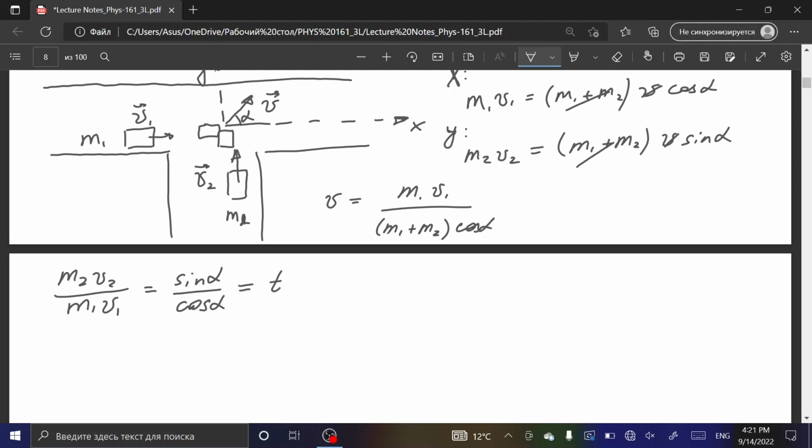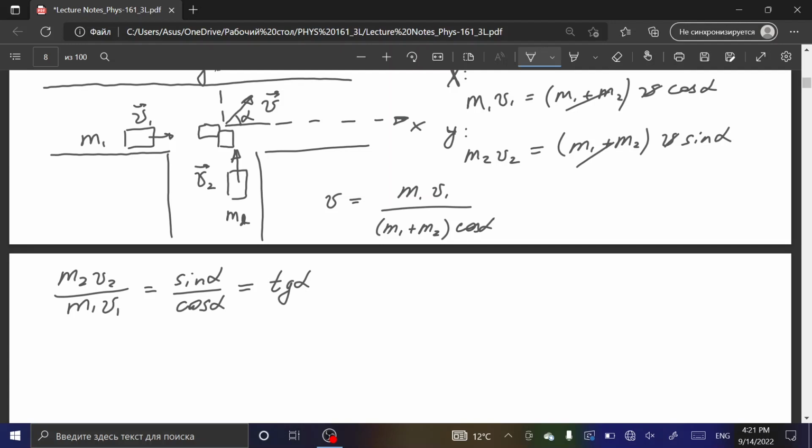That is tangent alpha. So since initial conditions are given, the linear momentum of the first car and second car, then we can get the angle alpha and substitute it in the previous equation to get the velocity.